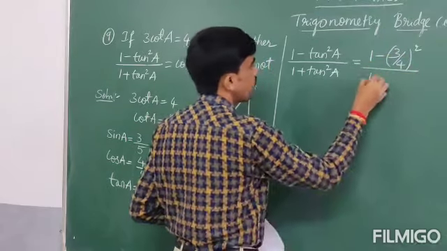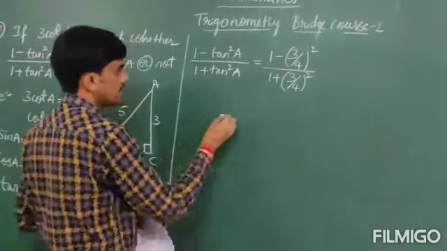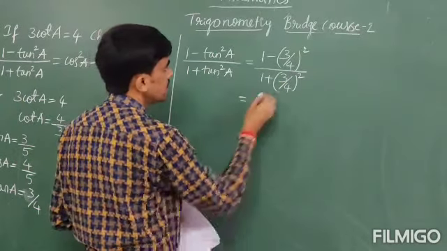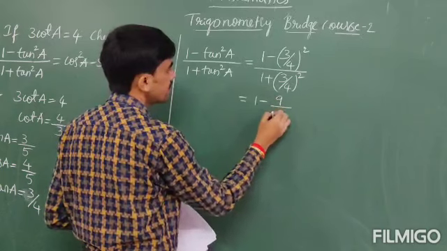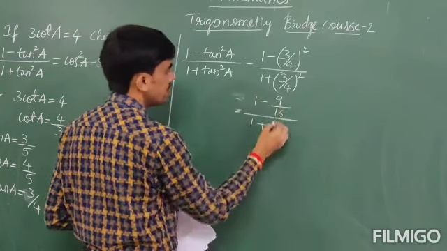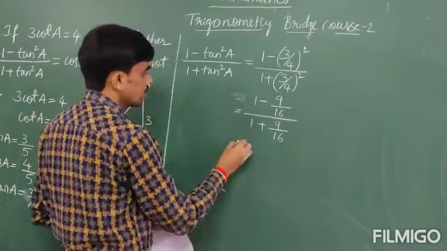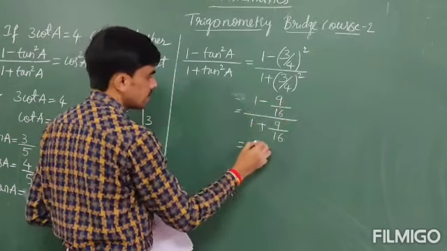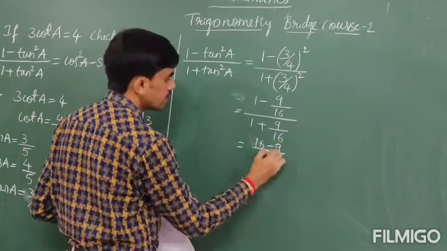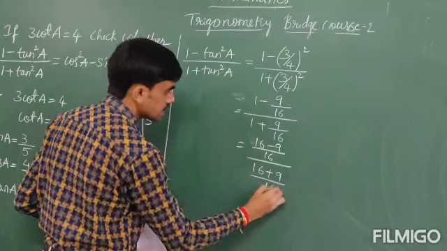So this is equal to 1 minus 3 by 4 whole square, divided by 1 plus 3 by 4 whole square. 3 square is 9, 4 square is 16. So 16 minus 9 is 7. That is, 16 minus 9 divided by 16, divided by 16 plus 9 divided by 16.